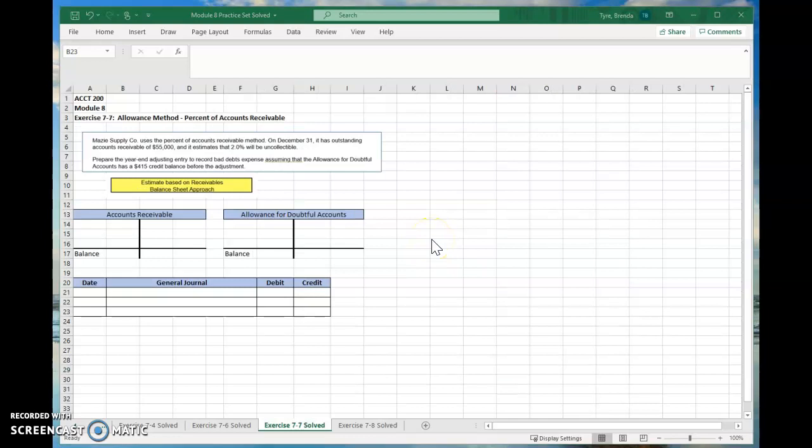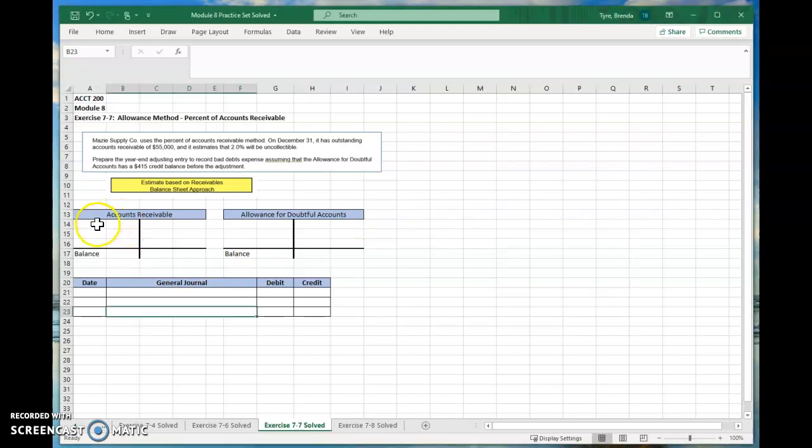This is the accounts receivable method. We're going to look at our accounts receivable overall balance based on historic numbers. We're going to take a percentage and determine that that will be the amount that is not collectible. So in the beginning, we've got Maisie Supply Company, and they have an outstanding accounts receivable balance.